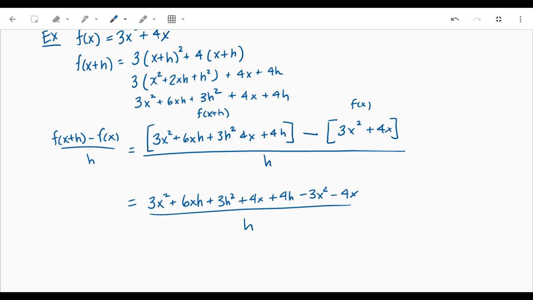Now what happens here is when you combine like terms, anything without an h should cancel.